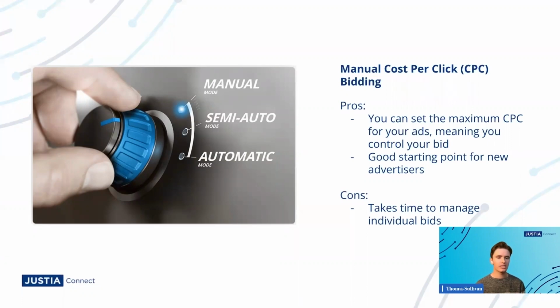And that basically helps control the max bid that you're willing to pay. Something to think about, though, is it does require a lot of time to manage all of these bids for all your keywords. So depending on how big the campaign is, this might not be something that is feasible or scalable as the campaign grows. So something to think about there.